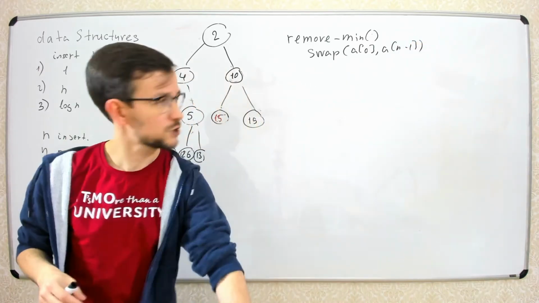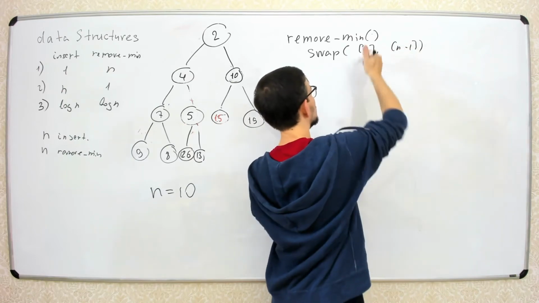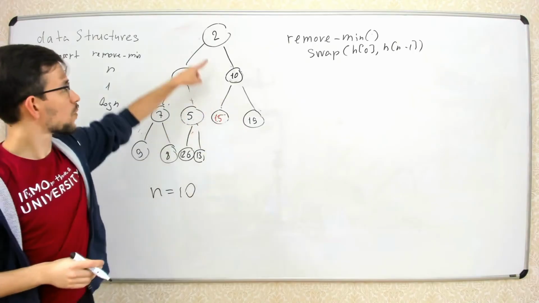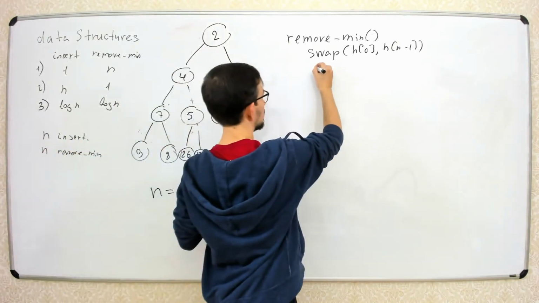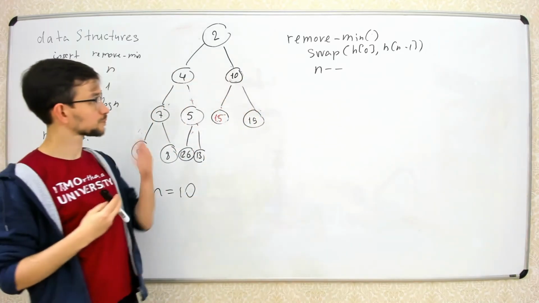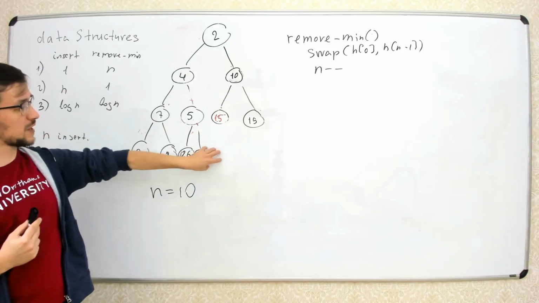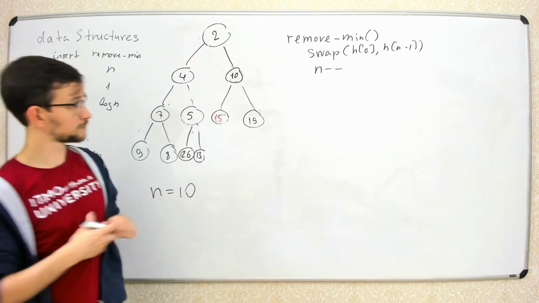It was not A, it was H. So just swap the first element with the last element, and now remove the last element. Like this. Okay, now we have this last element in the root of the tree, and we just move it down.